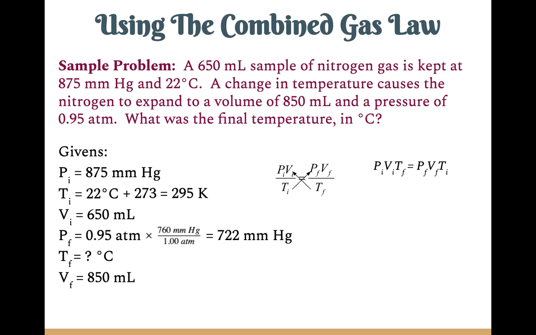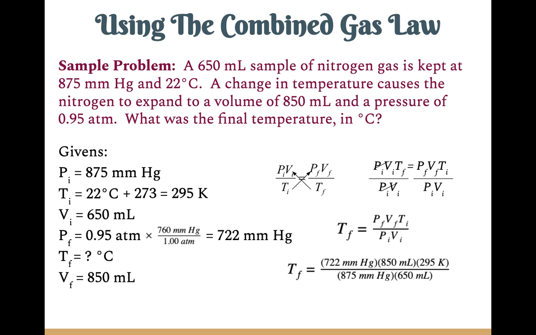Since I'm trying to find Tf, I'm going to divide both sides by Pi Vi, which will cancel them off on that side, and we're left with an equation for Tf equal to Pf Vf Ti over Pi Vi. Now that the equation is all rearranged, you just need to plug in all the numbers.